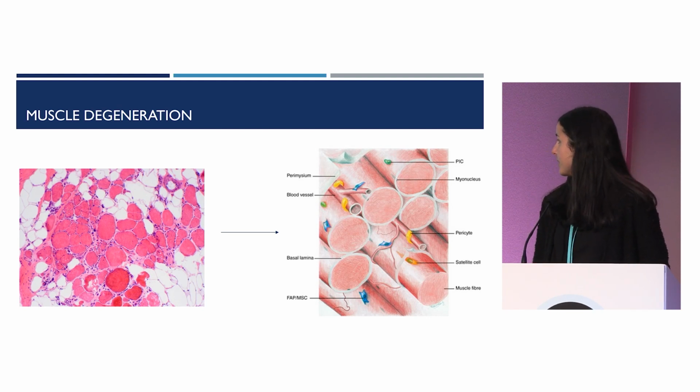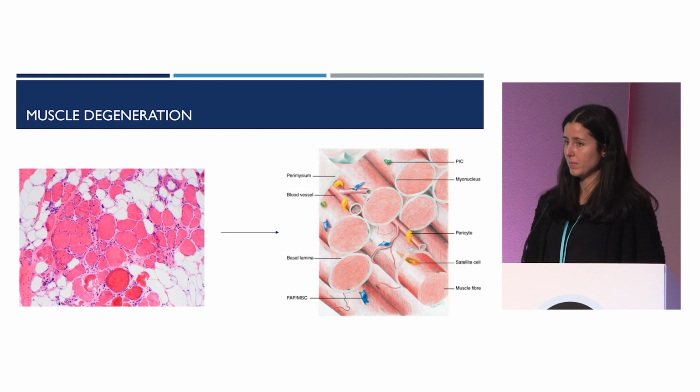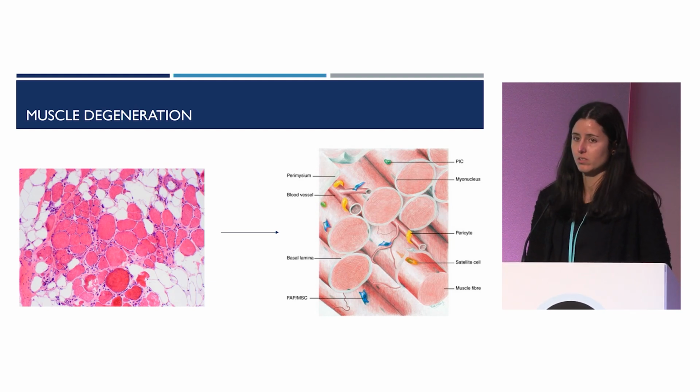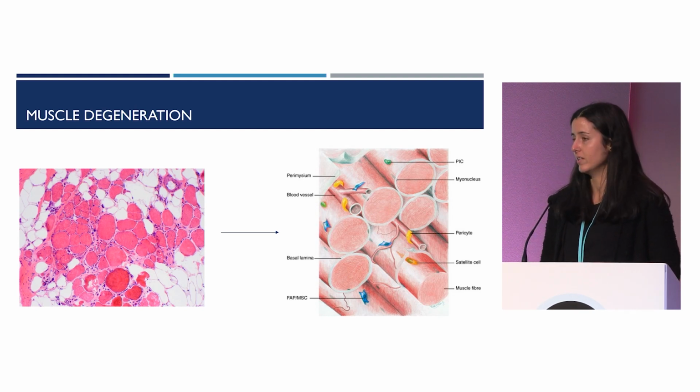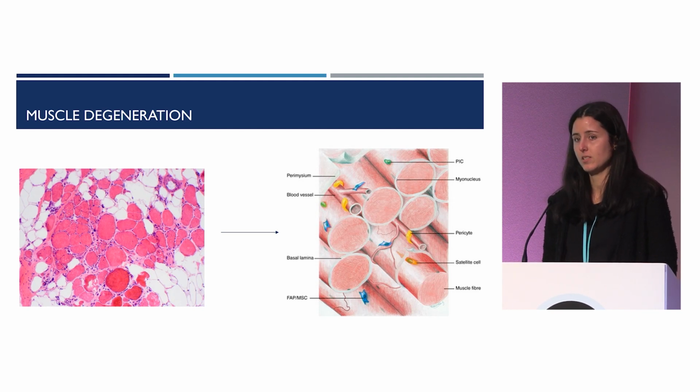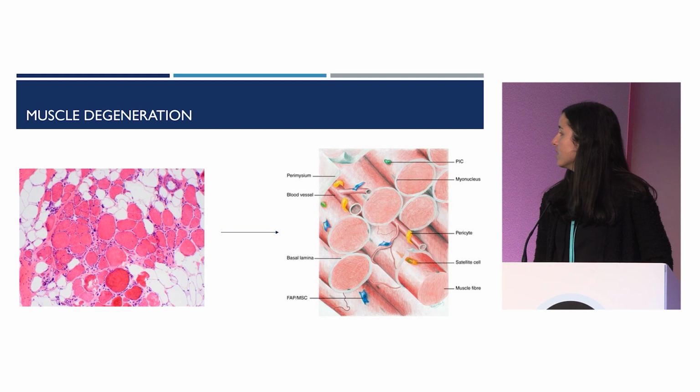For example, there are pericytes, which are cells around the blood vessels. We have satellite cells, which are the precursor cells of the muscle fiber. And we also have fibroadipogenic progenitor cells, which we can also call FAPs, that we know are the cells that will develop the adipogenesis and fibrosis.